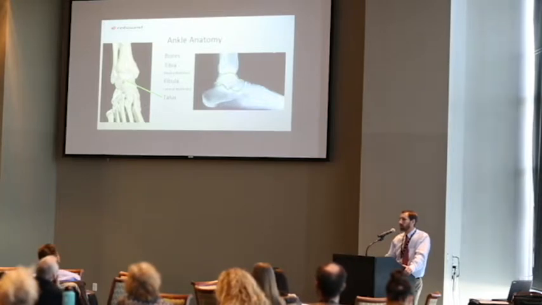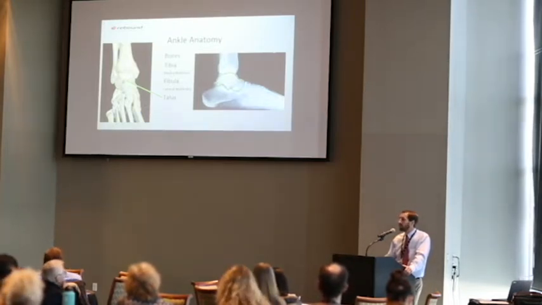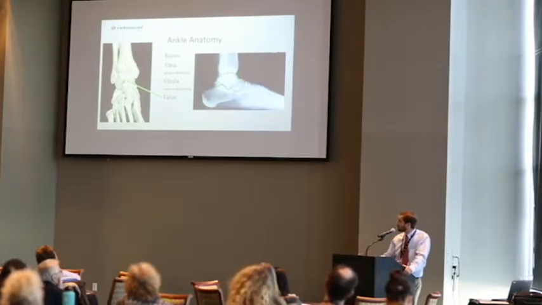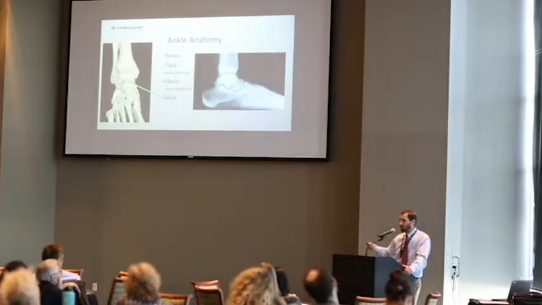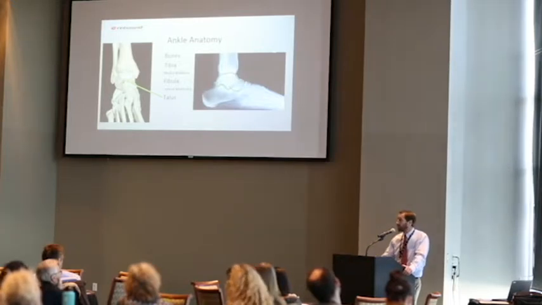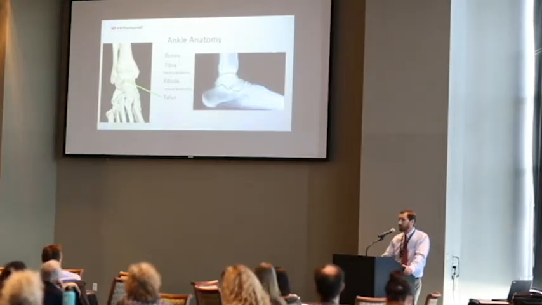It's got a bit of a special geometry, which we'll talk a little bit about with regard to sprains, in that it's a little narrower posteriorly, so when we plantar flex, it's more susceptible to instability. And that's why most people, when they sprain their ankles, will be going downhill rather than uphill.